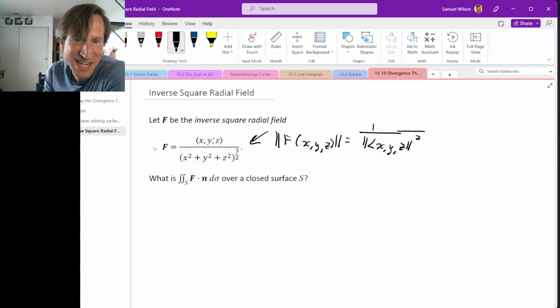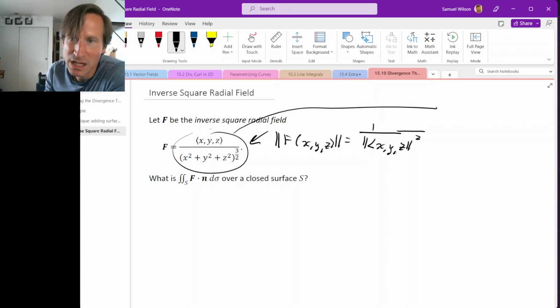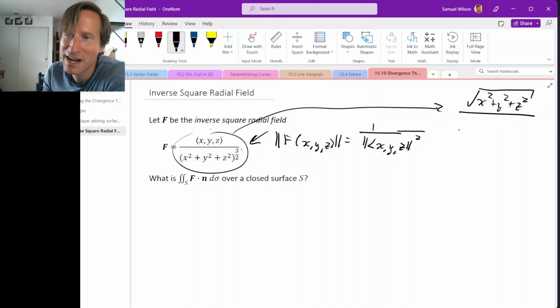Right. So if you just take the magnitude of this, the magnitude of this vector in the numerator is, of course, the square root of x squared plus y squared plus z squared. This scalar that we're dividing by is this exact same square root, but to the power 3/2.